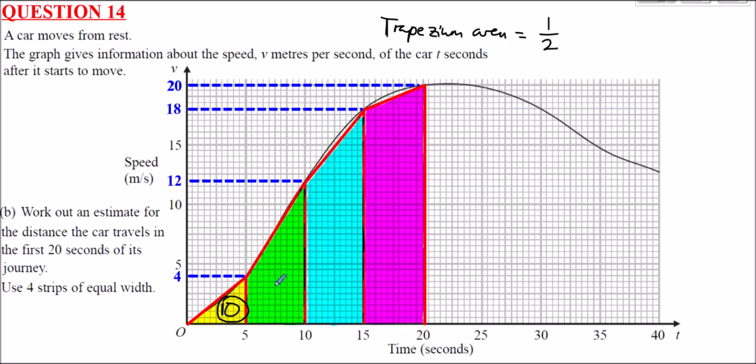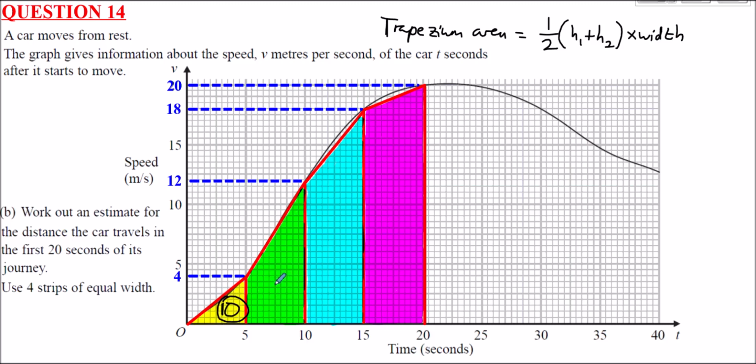So I'm going to call it width 1 plus width 2, or height 1 plus height 2 in this case. So it's going to be half height 1 plus height 2 times the width. Now the width of each of these trapezia is going to be 5, obviously.